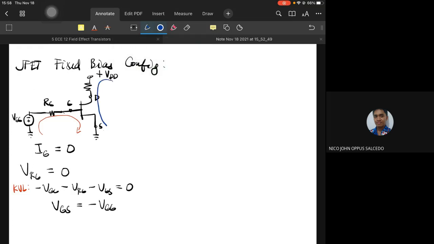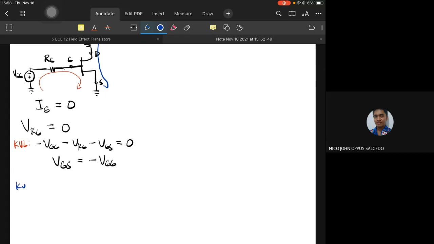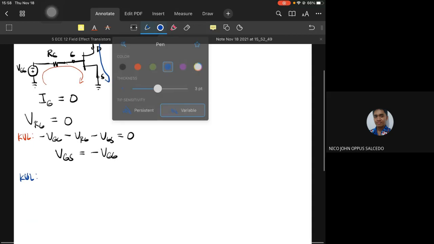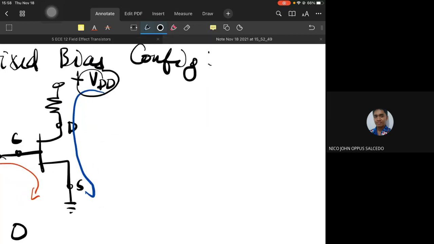How about the output side? We apply KVL on the output side. VDD minus the voltage across RD, minus not VCE but VDS, is equal to 0.